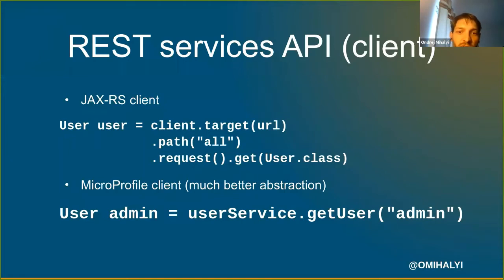But MicroProfile has another abstraction which is even nicer, and this is called type-safe REST client, which even from the name hints that it allows creating type-safe interfaces. And the MicroProfile foundation is capable of turning all the interfaces annotated with the JCACHE annotations into client stubs.